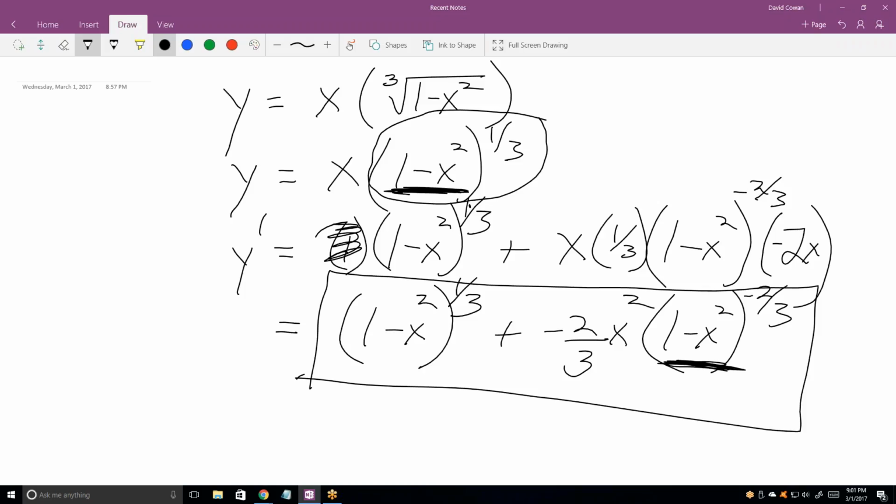There's some factoring. You're going to find with the quotient rule sometimes that the algebra gets really, really tough and involves a lot of factoring and canceling, and that's the biggest problem. It's not the calculus, it's the algebra. Notice one thing I could do here is factor out a 1 minus x squared to the -2/3 power.